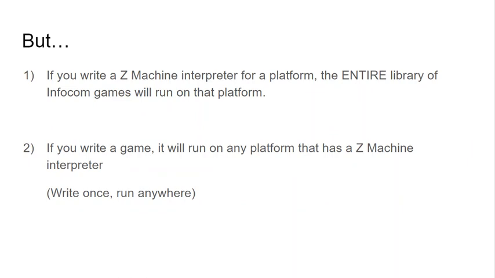So imagine you have a library of 40 games that you've written, and somebody says, hey, can you support a particular new computer? And you just go implement the Z Machine for that platform, and all of those games will now run on that platform. And the minute you write a new game, it'll run on any computer that has the Z Machine interpreter, that virtual machine. So you get this write once, run anywhere thing.